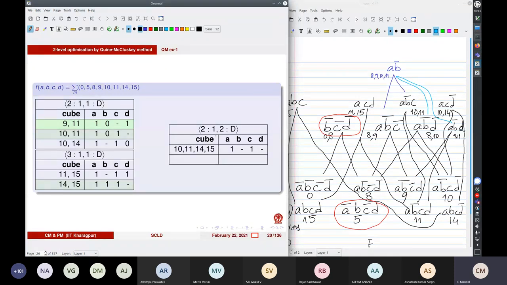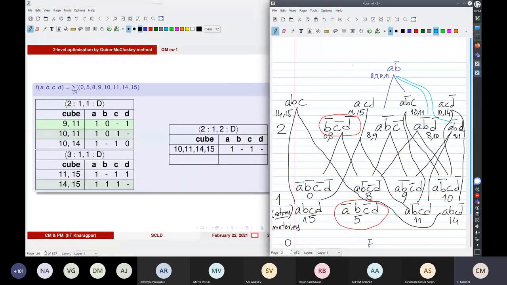This is the only one we get, it seems. 9, 11 will not combine with anything because we don't have any cube with a don't care in this position. Here 10, 11 can combine with 14, 15, so we'll get AC.